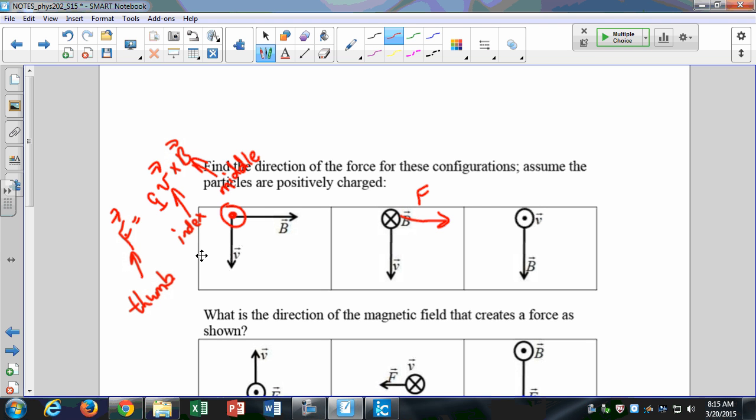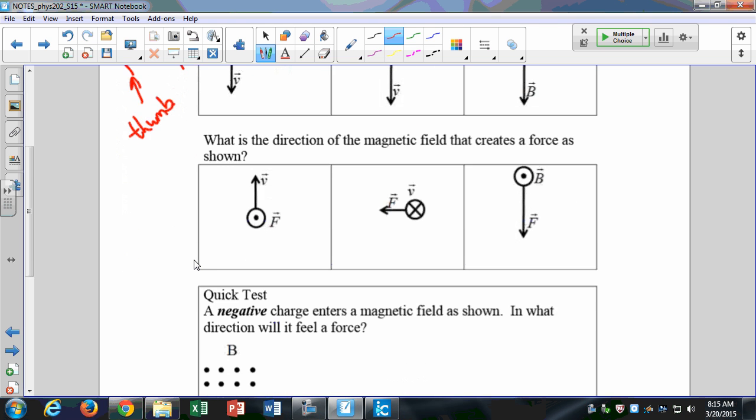Another way that people do this is to let all the fingers go in the direction of V, and then you imagine the magnetic field coming out of your palm. And so you let your fingers go in the direction of V, and then they will fold towards the magnetic field, and then your thumb will point in the direction of the force. So here, what was it, to the right? So that's our force.